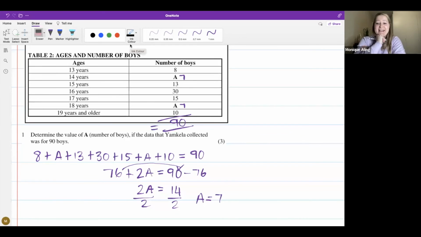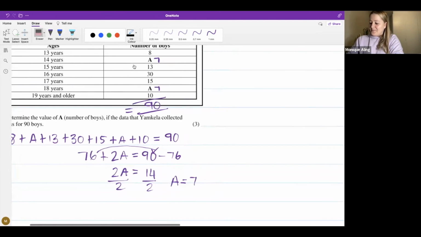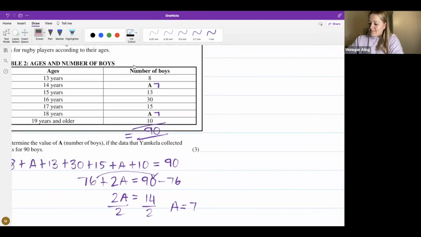Again, if you're looking at the number of boys, you'll see that 7's been repeated. However, if I had to rewrite all of these numbers, like I said earlier, 13 years old, 13, 8 times. Then there are 7 14-year-olds, so I'm going to write 14 7 times.